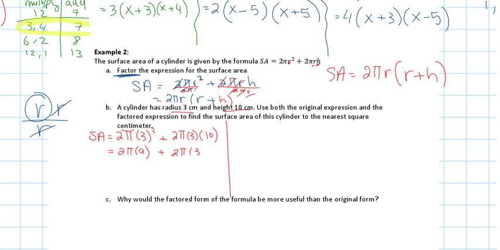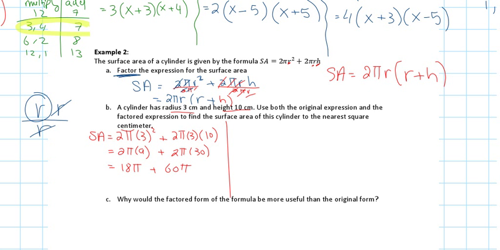Okay? I'm trying to do it without a calculator. Now, 2 pi times 9. That's 18 pi, no? Because 2 times 9 is 18. Then that's 60 pi. Okay? I don't have a calculator, so I don't want to use the value of pi. I'm going to leave it as pi.